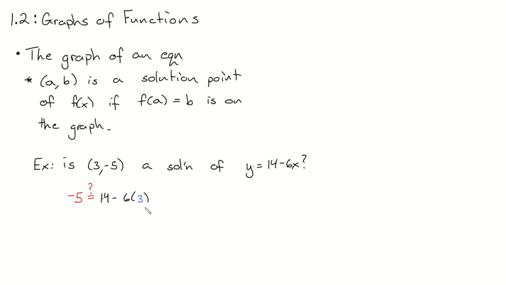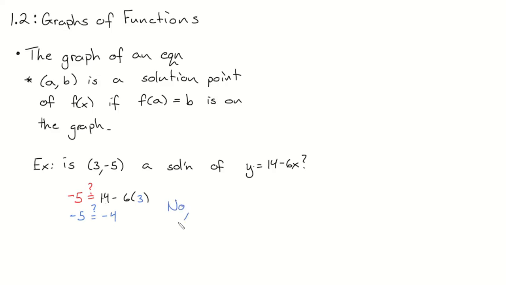All right, so if we look at this, let's make a determination. I'm checking to see if it's on the graph. Does it make it true is all we're after. What is 6 times 3 right here? 18. So we are now wondering, is negative 5 equal to 14 minus 18? Is negative 5 equal to negative 4?